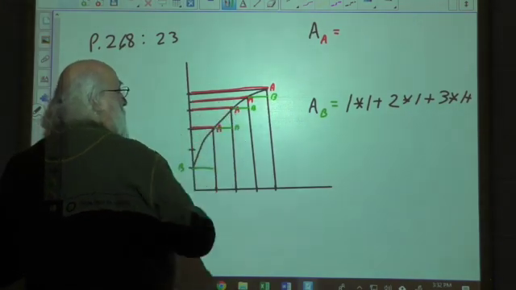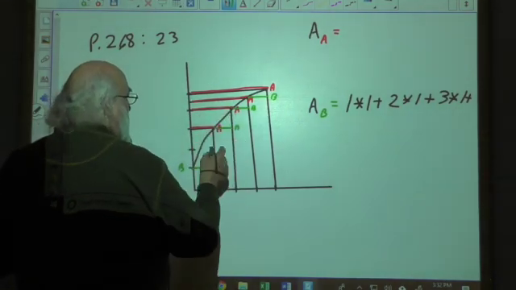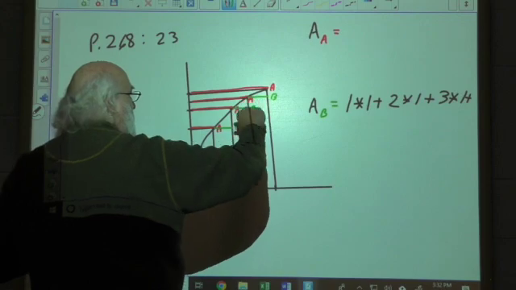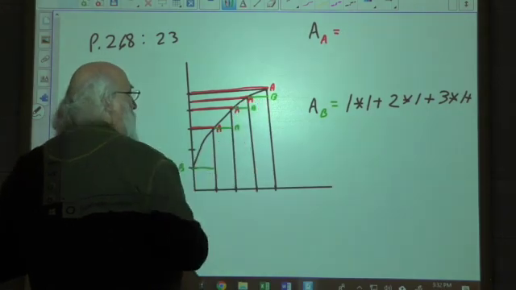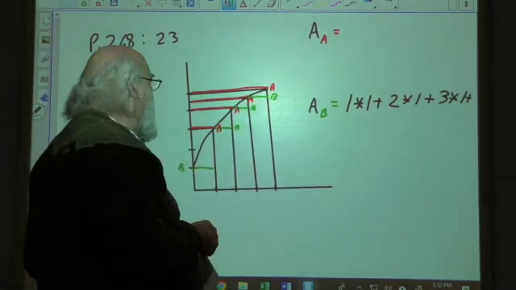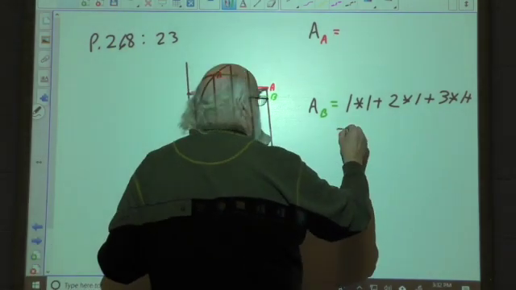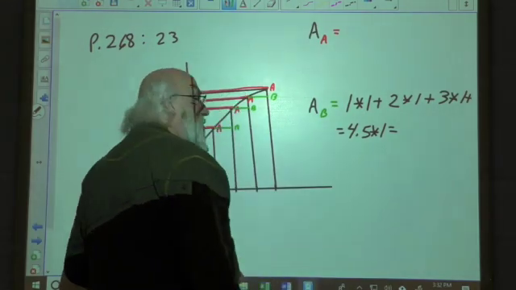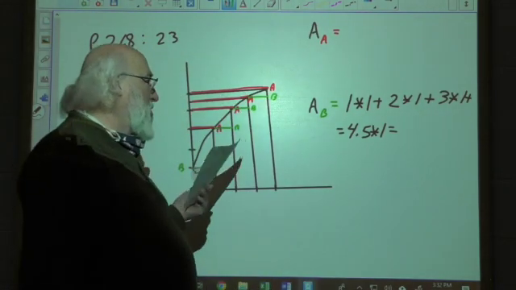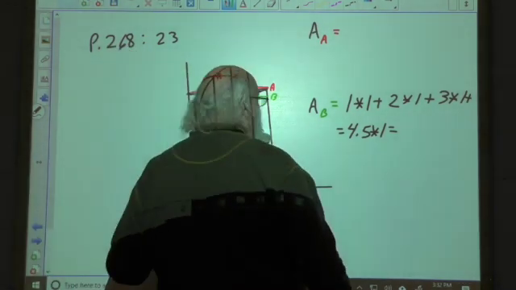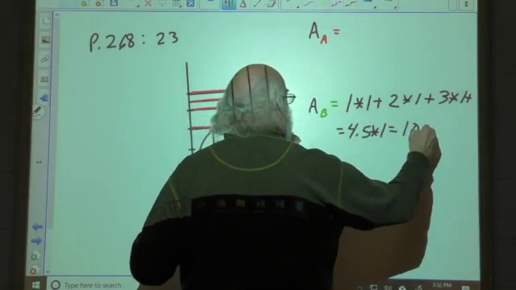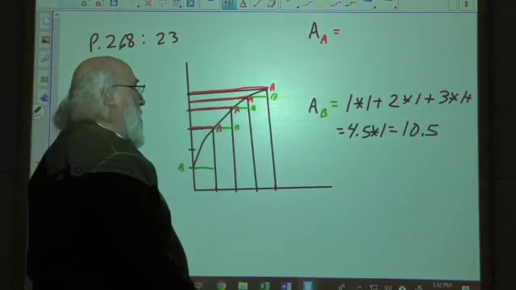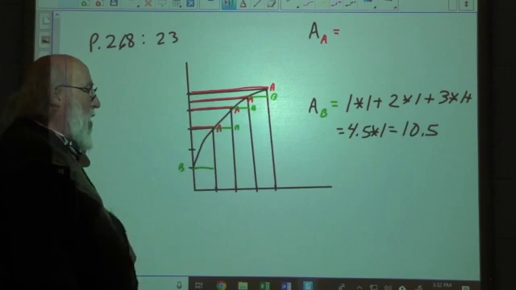This looks like about halfway between the two. So this is going to be a height for this last one here being about 4.5 times 1. So we'll do the calculation. 1 plus 2 plus 3 is 6, plus 4.5 is 10.5. So that'll be my guesstimation based upon that.